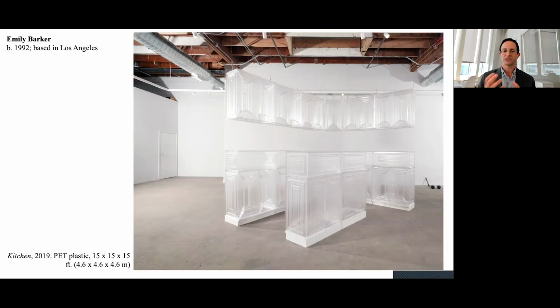Barker has another piece right near the 7,000 and such paper cuts, which is called Kitchen, and it's a recreation of a kitchen space, all in this translucent plastic, except here, all of the kitchen cabinets are reproduced at the height of 5 feet and 9 inches. So they're very tall. And in fact, they're done at the average height of the American male.